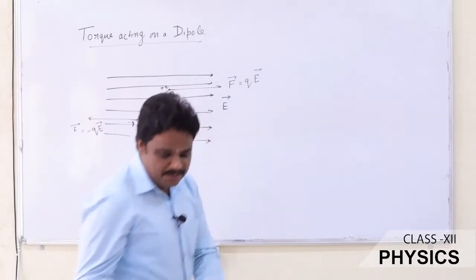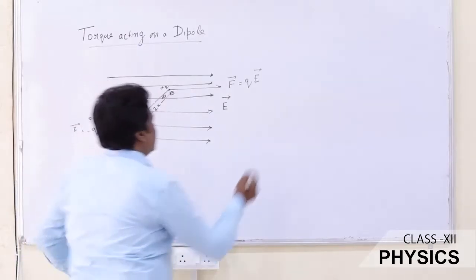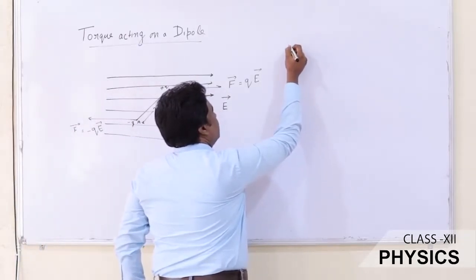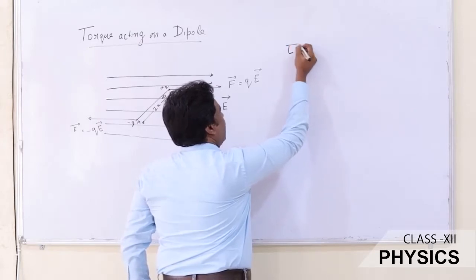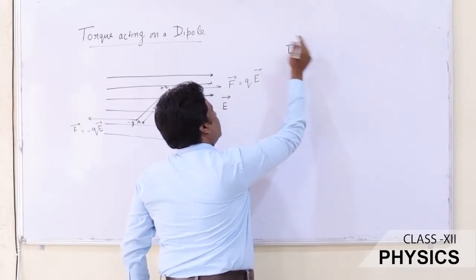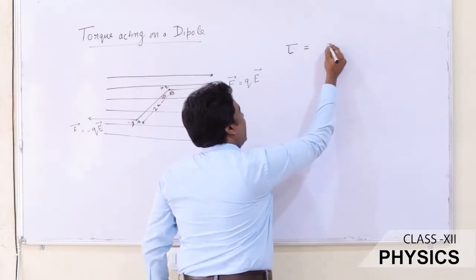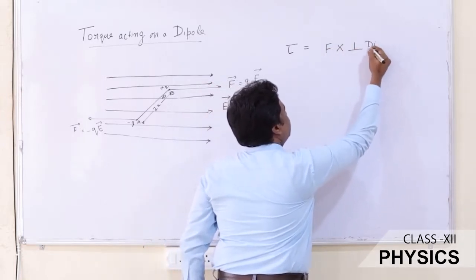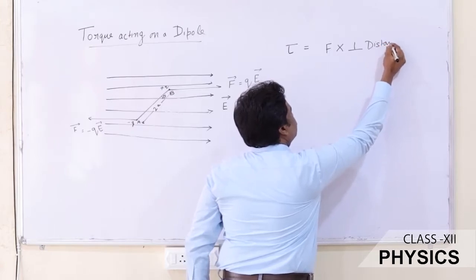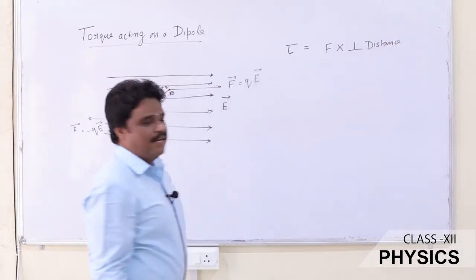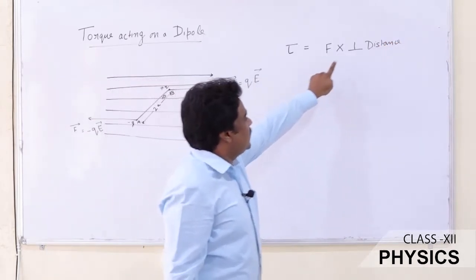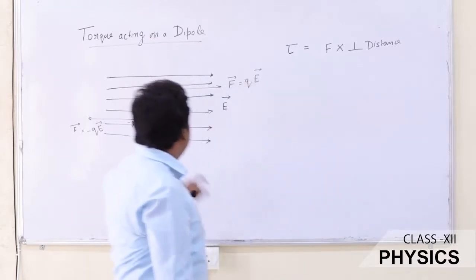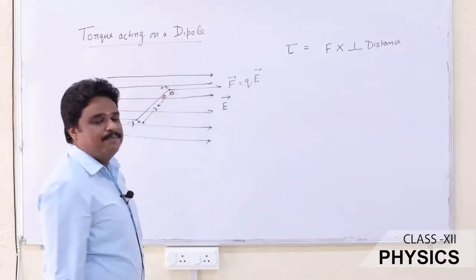What is the expression for torque? Torque is denoted by tau, and it is either force into the perpendicular distance of the line of action of force from the axis of rotation.